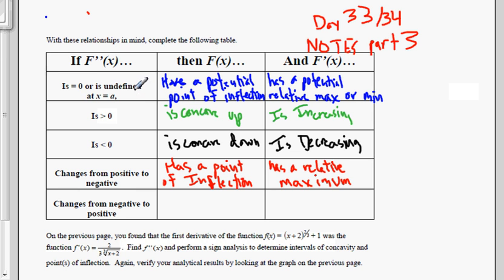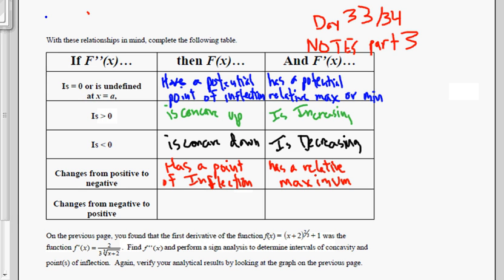We talked up above that there was a potential point of inflection if it was 0 or undefined, but now if it goes from positive to negative through that 0 or undefined, it's going to have a point of inflection.